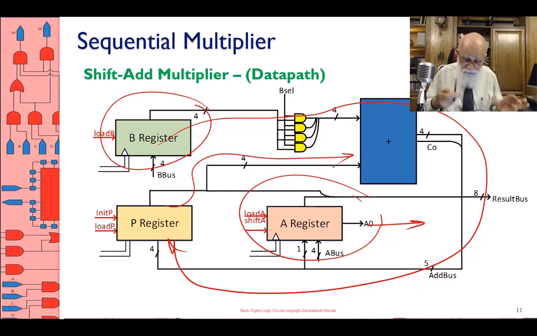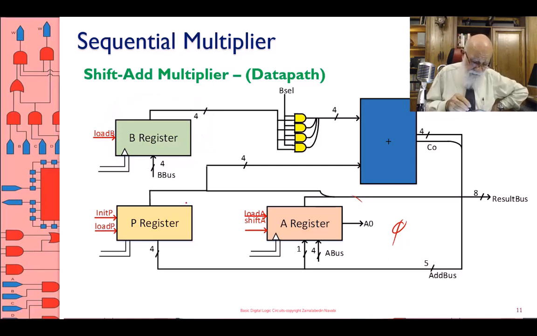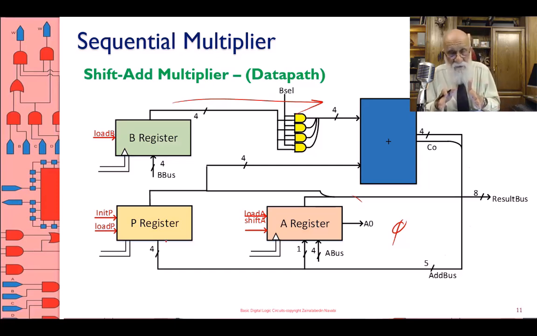What it means is I look at A0. If A0 is 0, then I take my partial product, the B added to itself. If this is 0, I take B, 0 it out, and just shift P 1 place to the right.